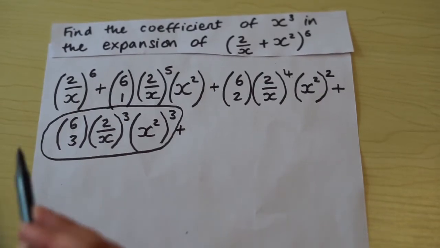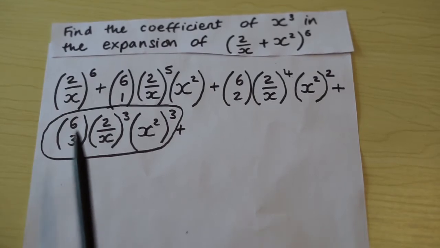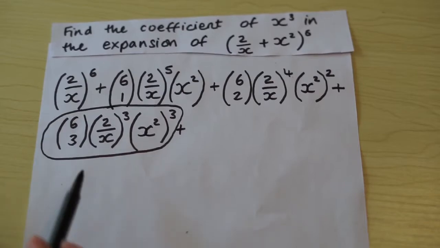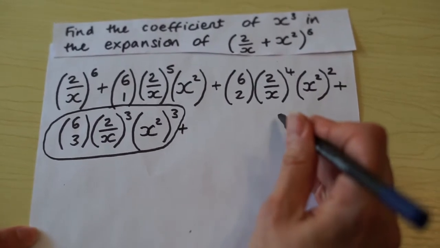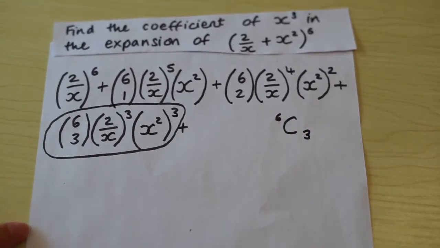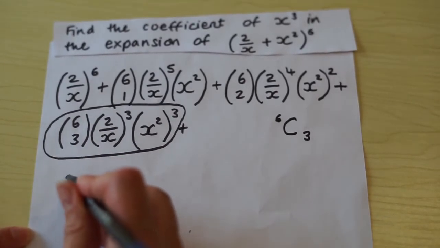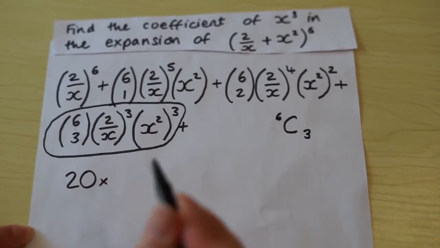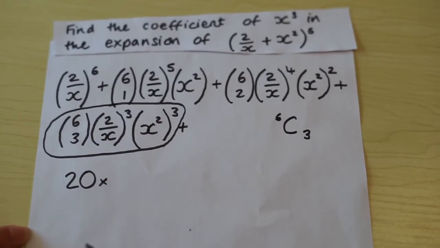Okay, let's make some sense out of this term. We are using our calculator to work out 6 choose 3. So we press 6, we press our button, let me just write it here, 6 choose 3, just in case you need a reminder, and that then comes out as 20. Okay, so let's focus on this part of the term.